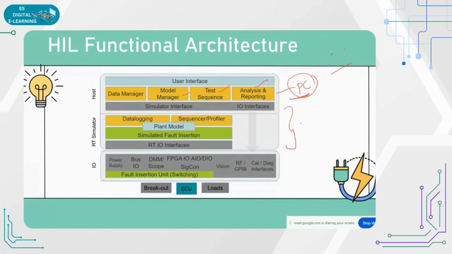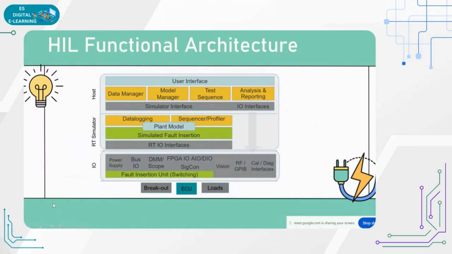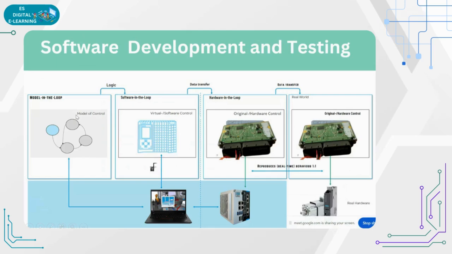These are some parts of the hardware, and this is some space of IOs, and the ECUs are connected. To understand in detail what hardware, IOs and ECUs it has, that is the functional architecture, meaning this many channels and IO hardware are required to ensure the testing of the HIL.